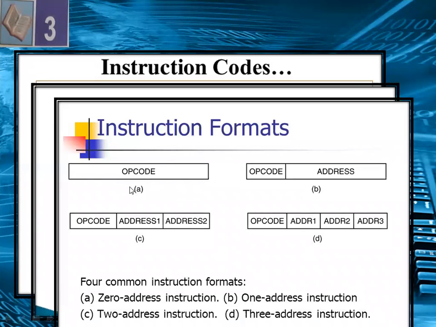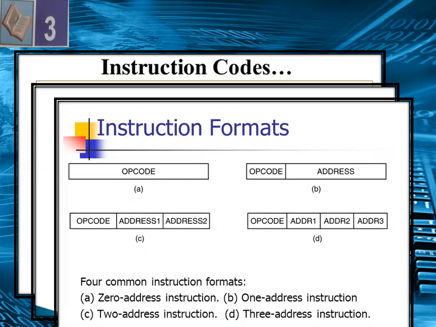Here you can check, there is only one opcode. This is 0 address, meaning that no address is required. This is only the operation code, having no operand to work with.